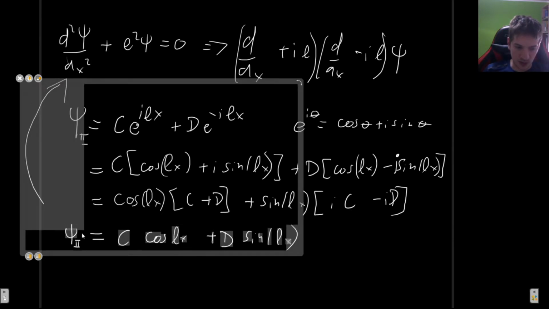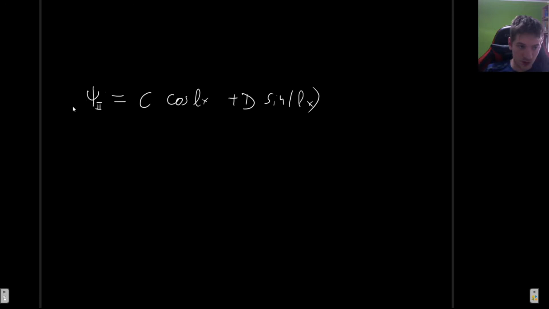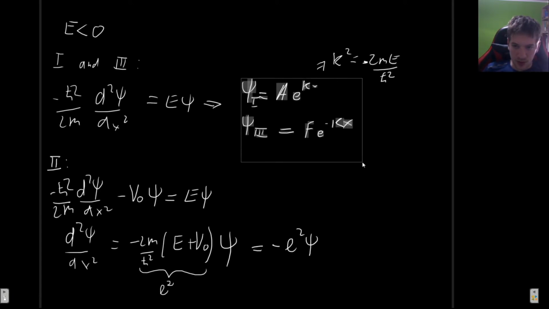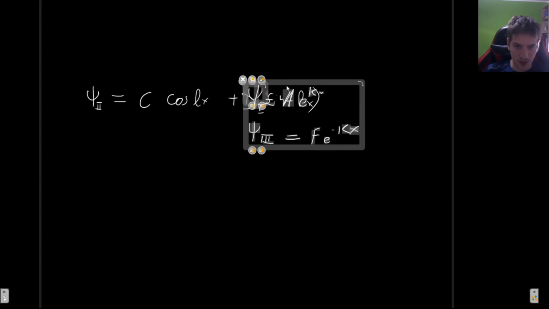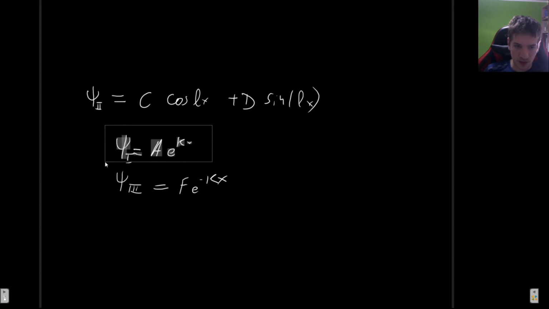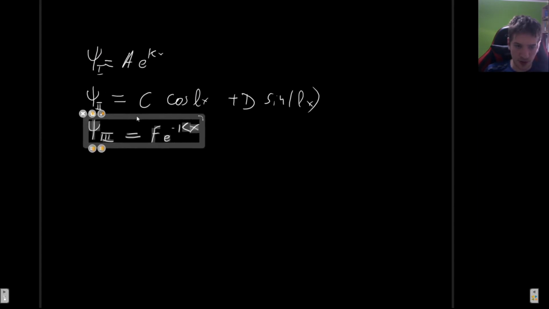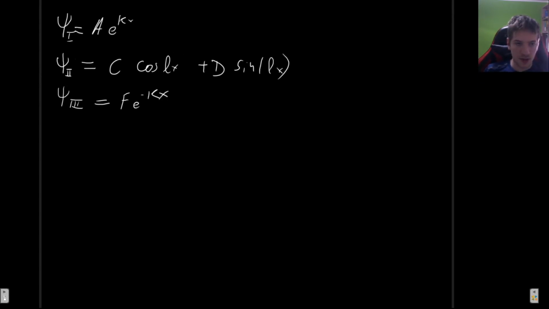So let me now just put all of our solutions together. This is for region 2, and regions 1 and 3 are over here. So there we go: region number 1, region 3. Okay, so these are our solutions.